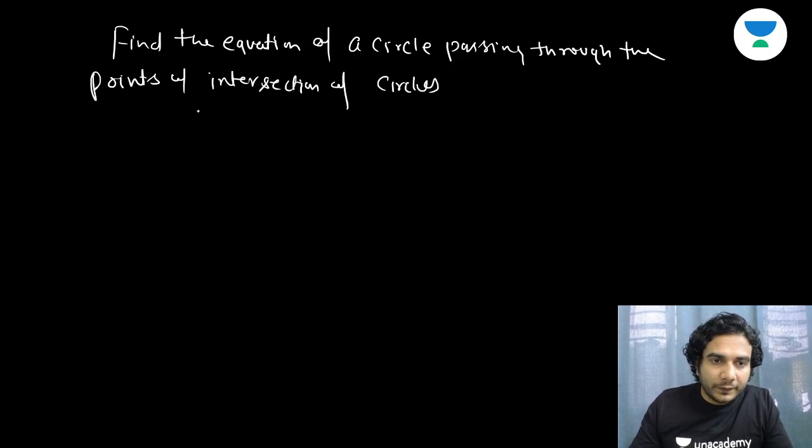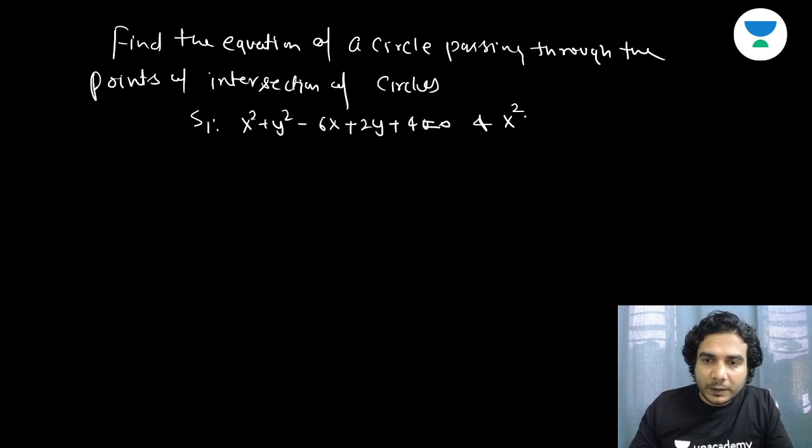Now two circles are given, okay? S1 is x square plus y square minus 6x plus 2y plus 4 is equal to 0, and S2 is x square plus y square plus 2x minus 4y minus 6 is equal to 0, okay?